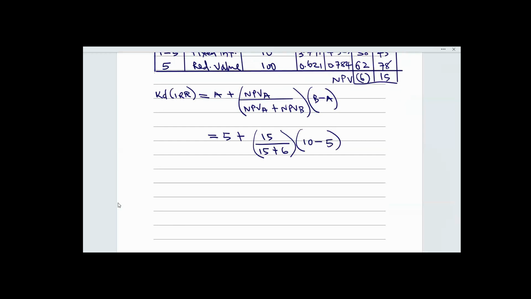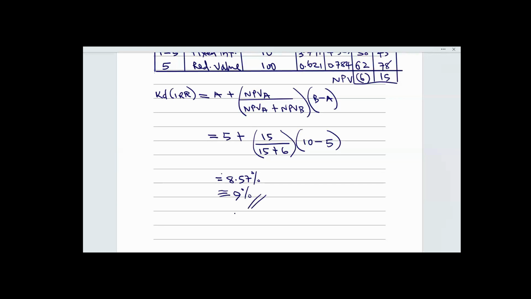Okay, so you then bring out your calculator. 15 divided by 21, equal, then multiply by difference between 10 and 5, equal, plus 5, equal to 8.57. This is equal to 8.57%, approximately 9%.